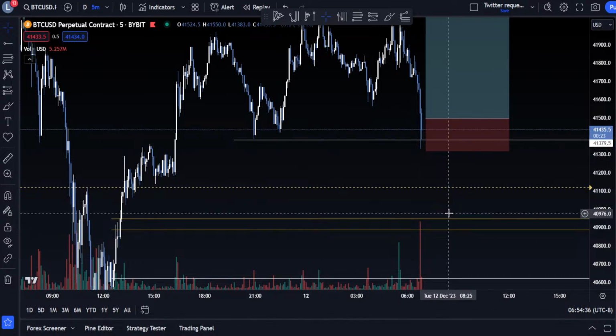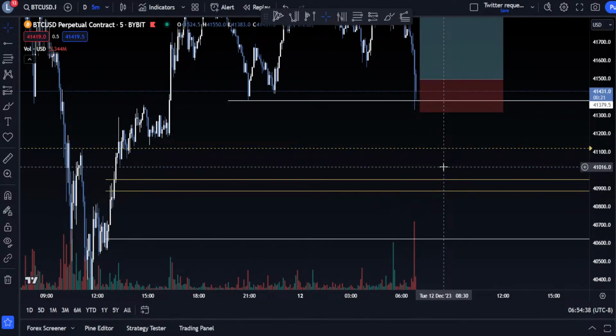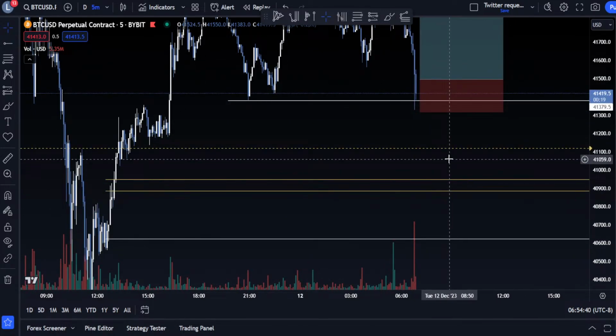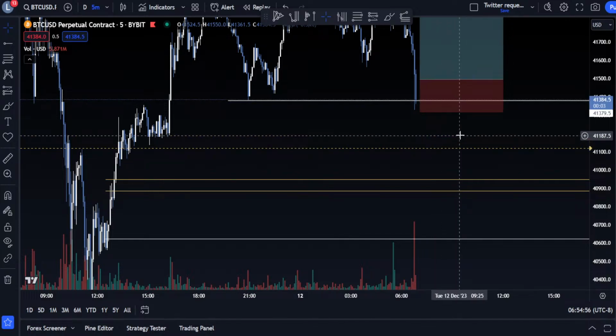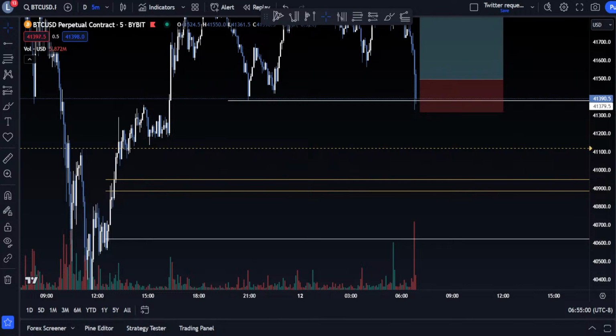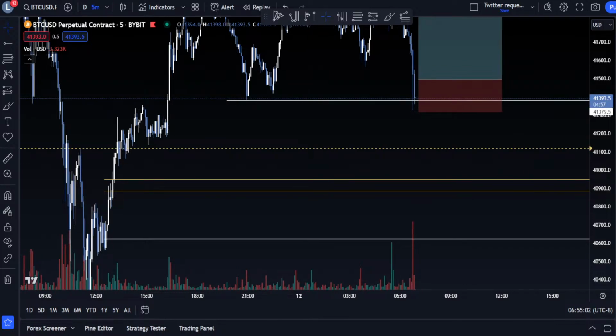If a run of this level comes, I have to be prepared to take that trade probably quite quickly to catch the reaction. It looks like it probably will come. Maybe. Still hold up this level.